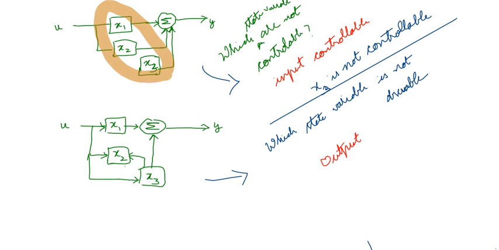Controllable means you are controlled from the input. Output observable, right? If you look at it closely, the output is y. x1 is connected to y and x3 is also connected to y, but x2 is not at all connected to y. So we cannot observe x2, x2 is not observable. Okay, there are some tricky questions, right?